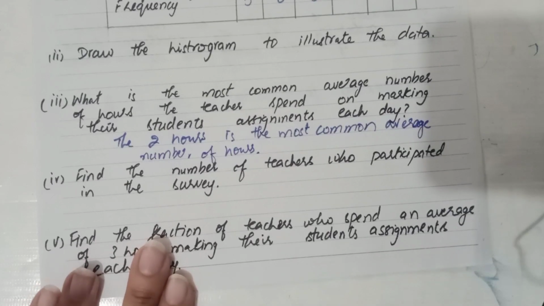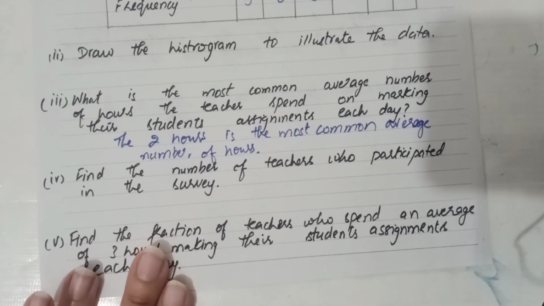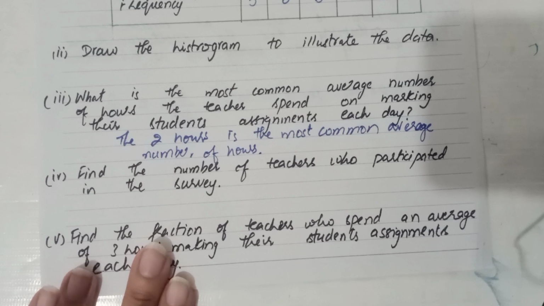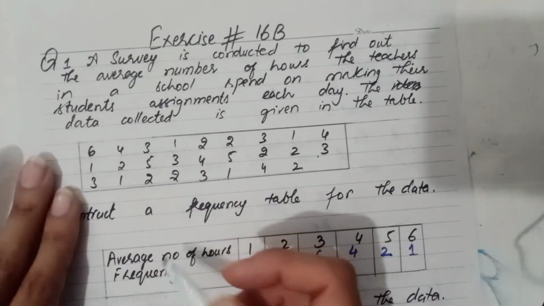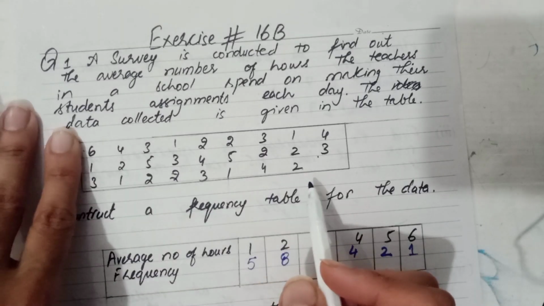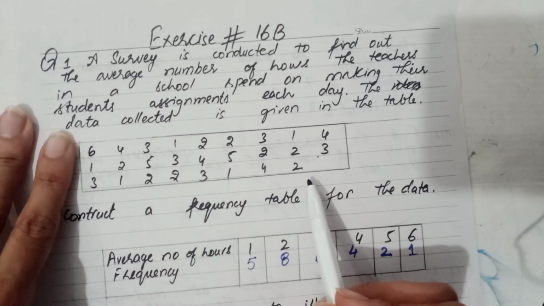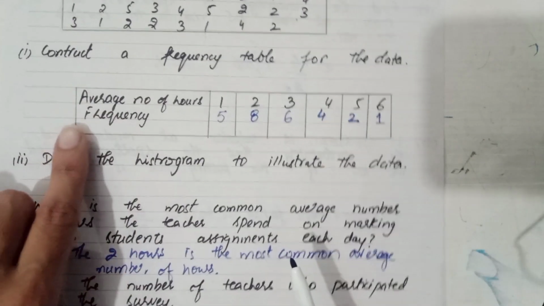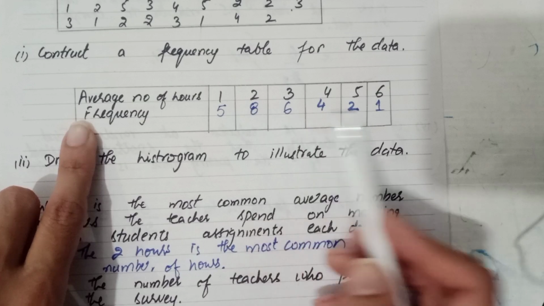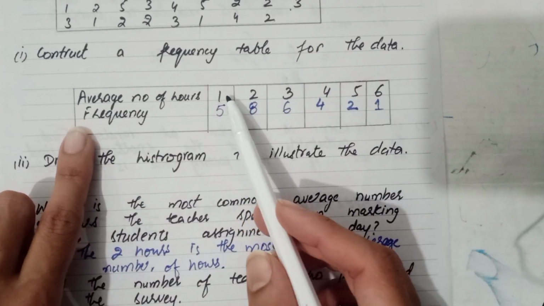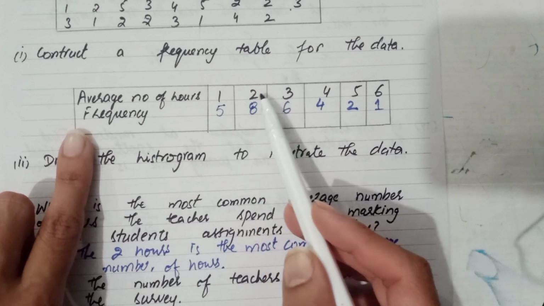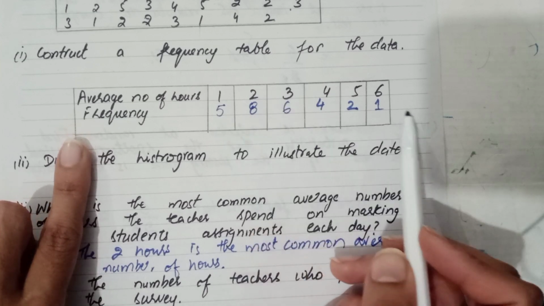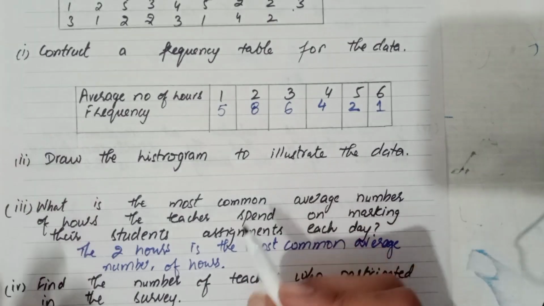In part number 4, find the number of teachers who participated in the survey. We can find it by counting this table data, and we can also find it by adding the frequencies: at 1 hour there are 5 teachers, and to 8 we can add this.